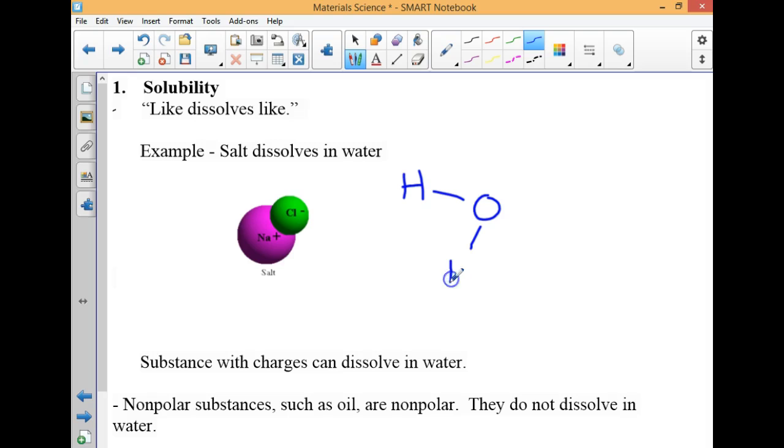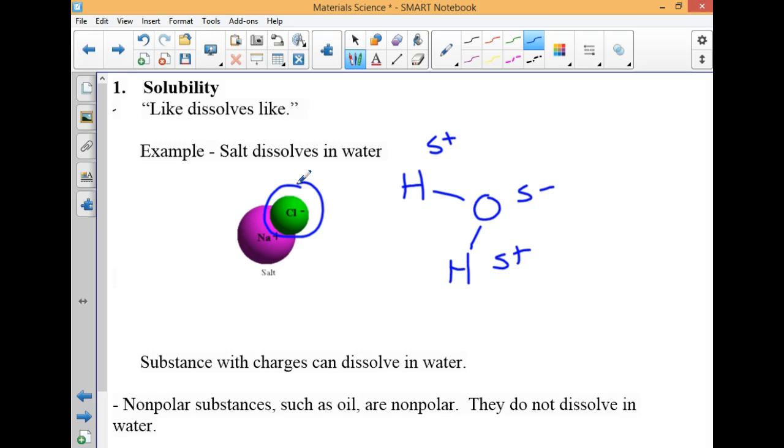Water is polar. Oxygen hogs the electrons. Because it hogs the electrons, you have a slightly negative side to water and slightly positive ends to water. Because of this, it literally rips apart this ionic compound.